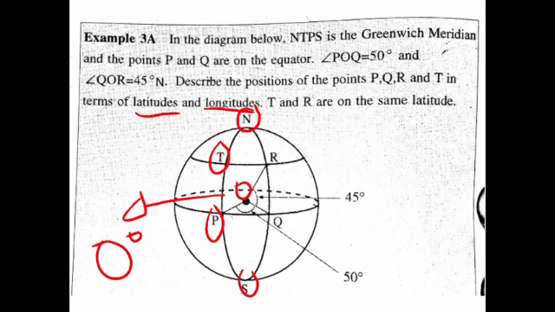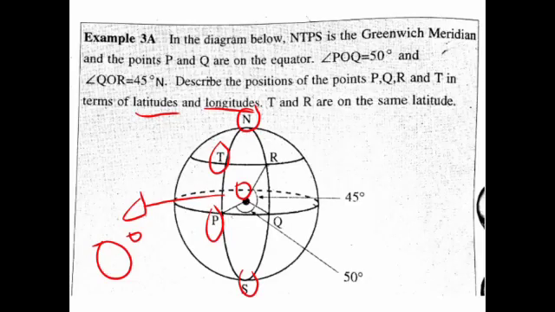All right, let's start with T. T is lying on which latitude? Remember, start with the latitude. You can see that this angle here is 45 degrees.